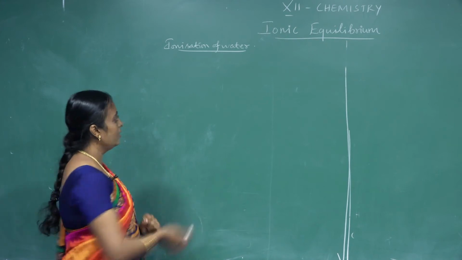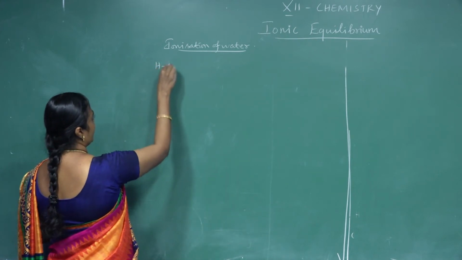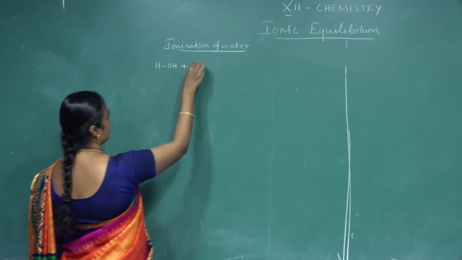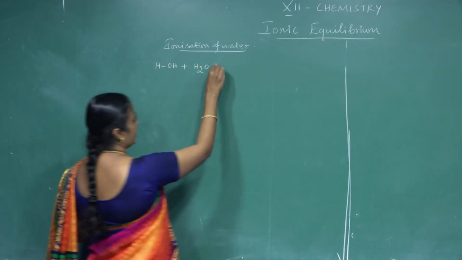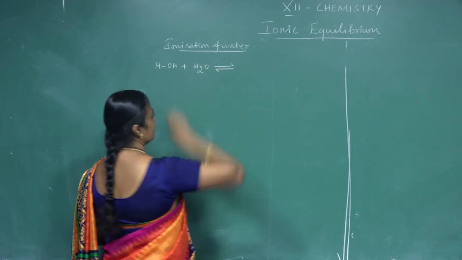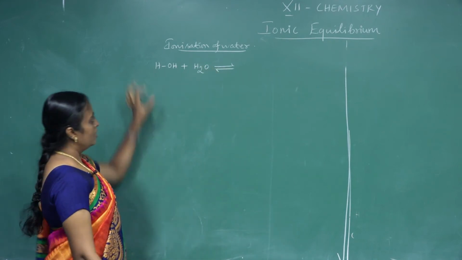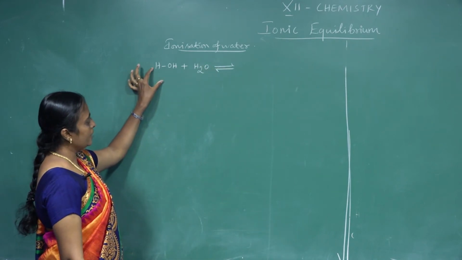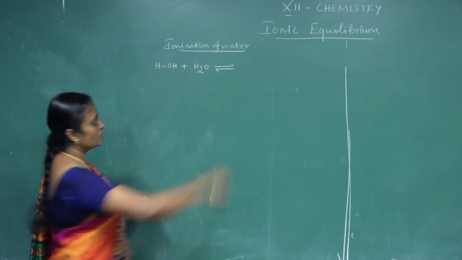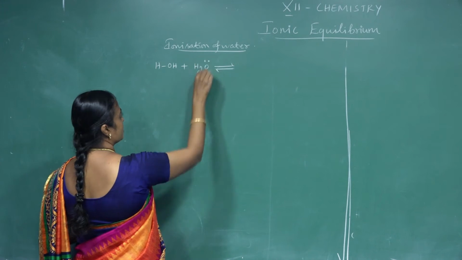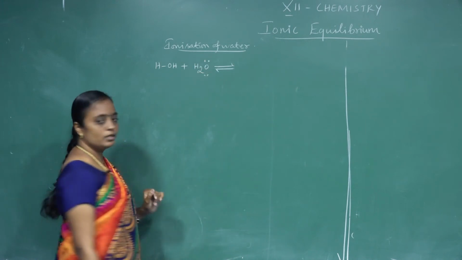If I take two water molecules, H2O, there exists an equilibrium between these two. One water molecule acts as a donor and the other acts as an acceptor. Here, consider the oxygen lone pair.